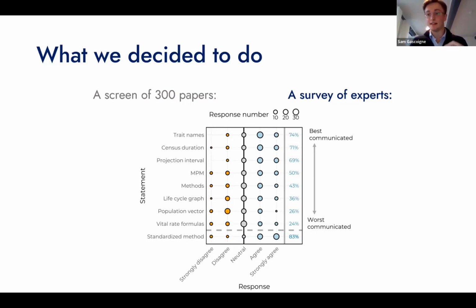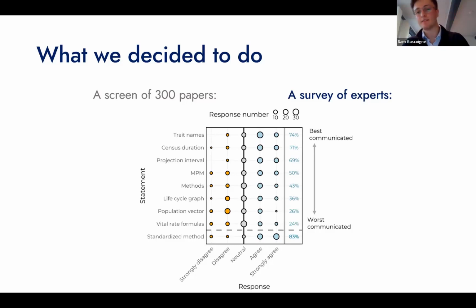We did the exact same thing that we did with the screen, asking researchers if they noted that certain components of MPM communication were well reported. So whether they strongly agree that papers are doing a good job of communicating trait names, census duration, projection interval, and so on, or whether they're doing a poor job, and that would be strongly disagree.